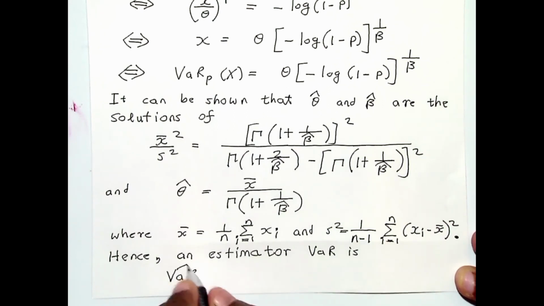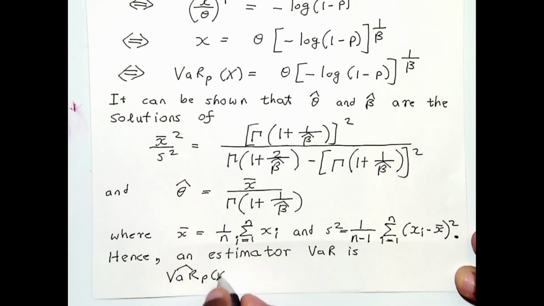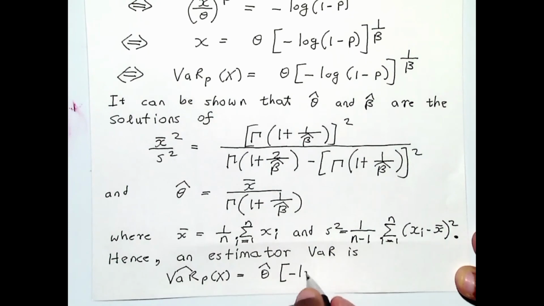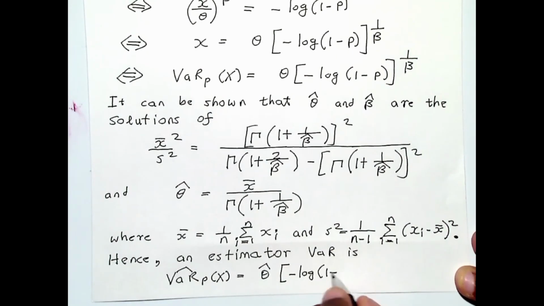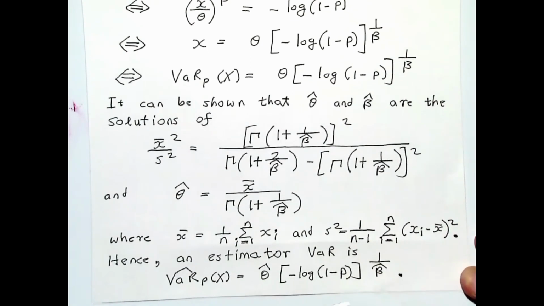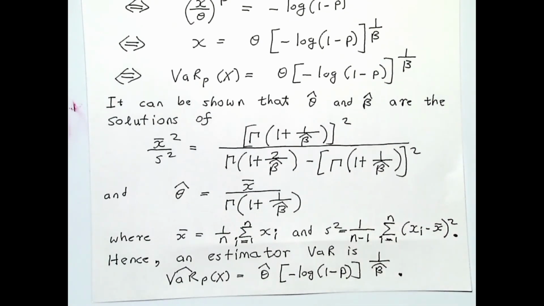So you get the following: VaR hat, with theta replaced by theta hat, and beta replaced by beta hat.